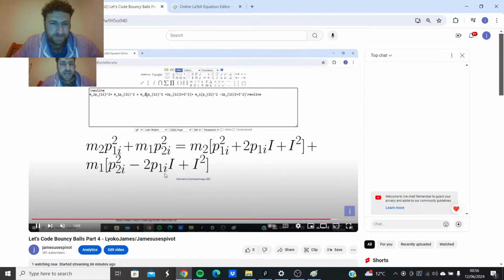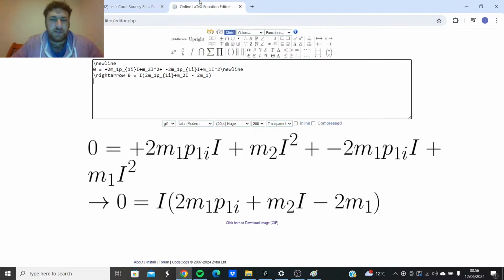I screwed up here. It should be M2. This should be M2. This should be M1 P2I, and this should be M1I squared. Okay, got it.